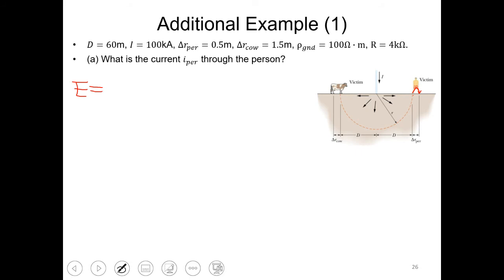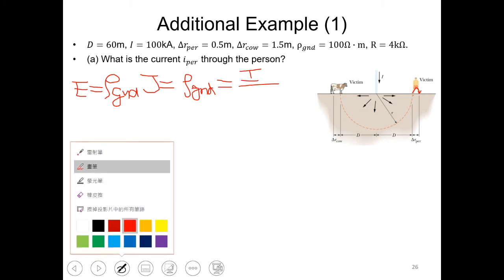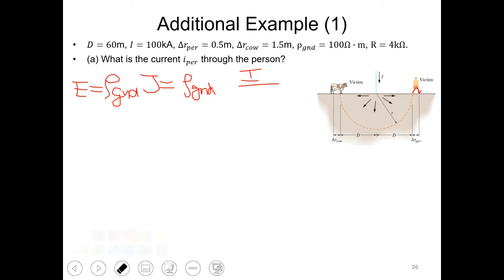E equals rho ground times J. J would be I over 2 pi r squared, because it is only a hemisphere.